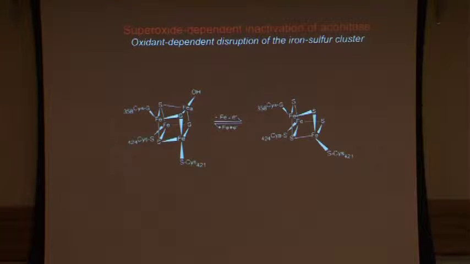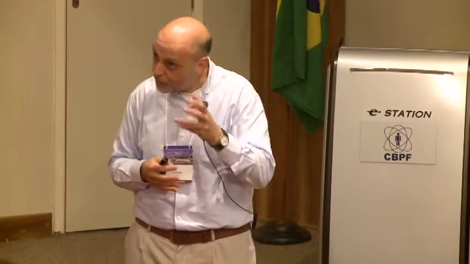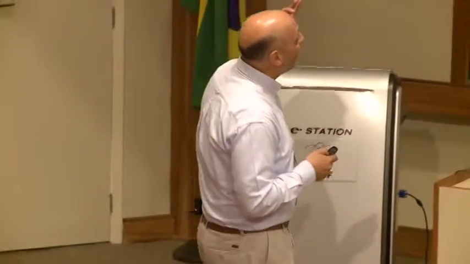Just to give you an example of how oxidants can attack prosthetic groups, we discussed the oxidation of amino acids, but proteins are not only the sum of all the amino acids, but many proteins contain prosthetic groups. And some of these are what we call oxidant-sensitive prosthetic groups. One of them is a key, central group, which belongs to aconitase, a central enzyme in energy metabolism.